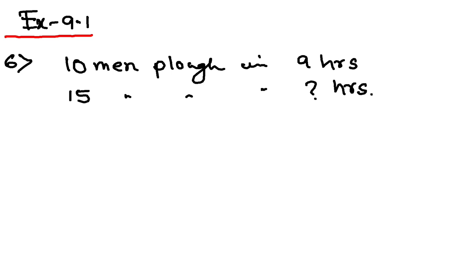If I employ fewer men, time required will be more. That means these two variables, the number of men and the number of hours, are in inverse variation. Now if they're in inverse variation, then the process will slightly change.